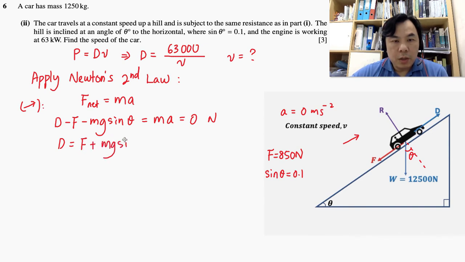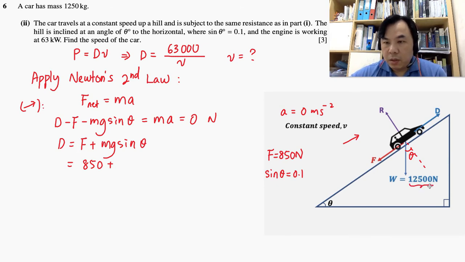F plus mg sine theta, and the frictional force, sorry, the resistance force, is given by 850, and mg is given by this. This is actually mg. All right, so I'll just write that down. 12,500 times the sine, and sine is 0.1 there.